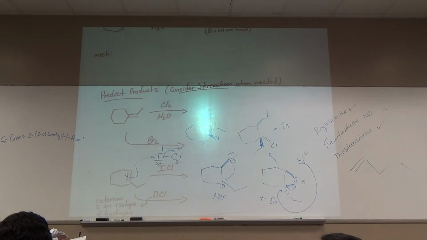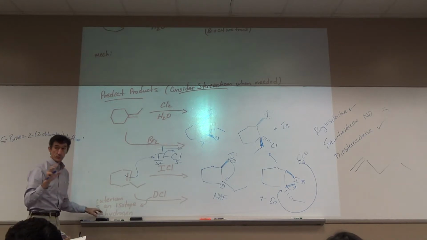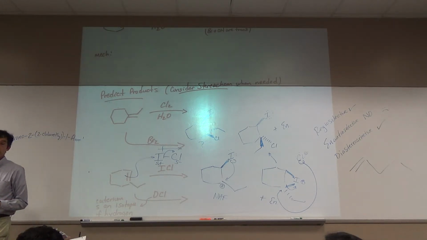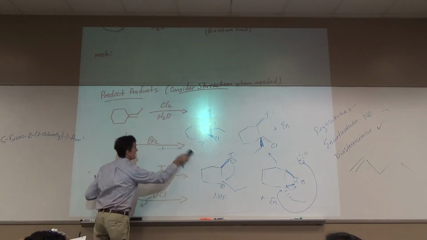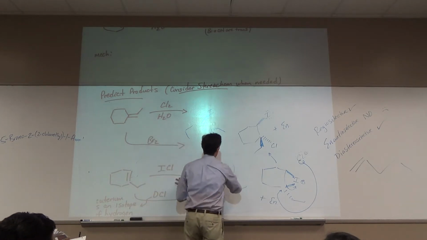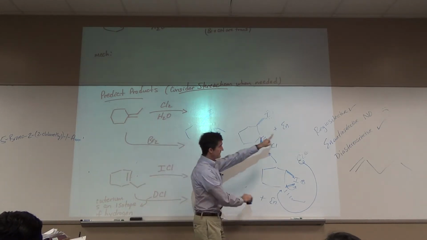You isolated meso. How do you know it didn't form some DL and you just didn't isolate it? So you gotta be careful when you say, did it form it or did I isolate it? I think all of you proved that you isolated meso, but that doesn't mean some DL wasn't formed and maybe it was removed during the recrystallization. So you gotta be careful about that. Minor point. Okay, so that's the idea of these things here.